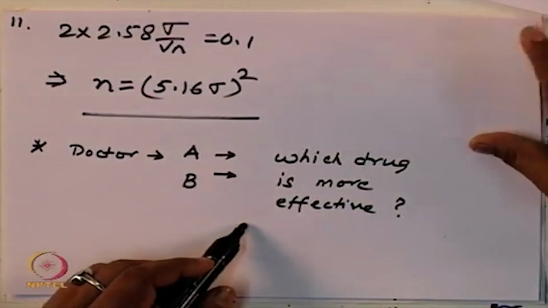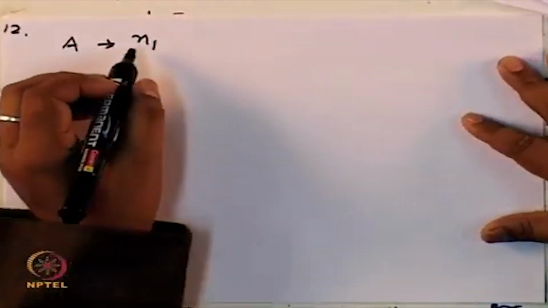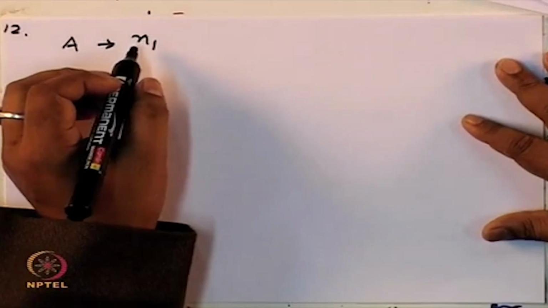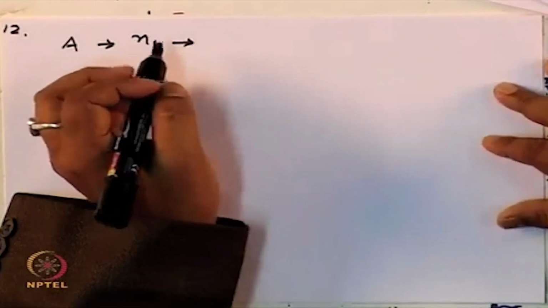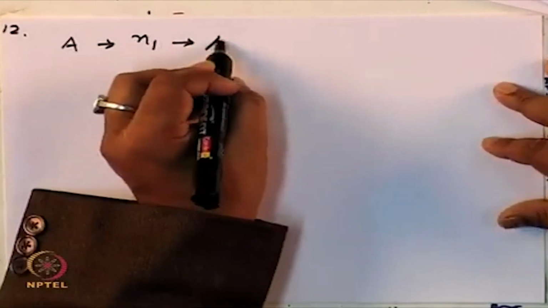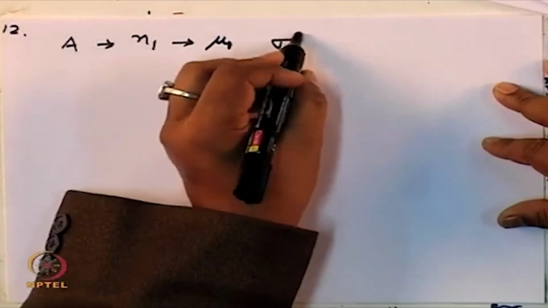So, this brings us to the concept. Imagine you had this drug A, you administered it to n1 samples in the population, and from this you have measured the response in terms of a mean response mu 1 and a variance sigma 1 square.